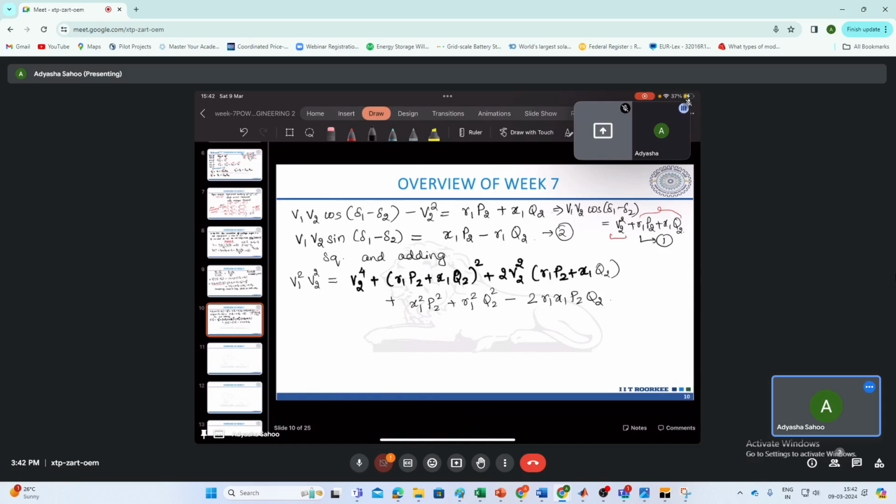So let us simplify this. V1 square V2 square equals V2 to the power 4, plus I'll expand this further, R1 square P2 square plus X1 square Q2 square plus 2 R1 X1 P2 Q2, plus 2 V2 square (R1 P2 plus X1 Q2), plus X1 P2 square plus R1 square Q2 square, sorry, minus 2 R1 X1 P2 Q2.